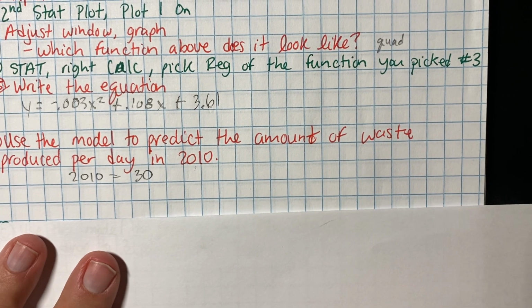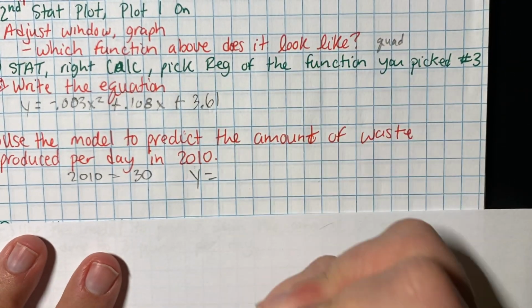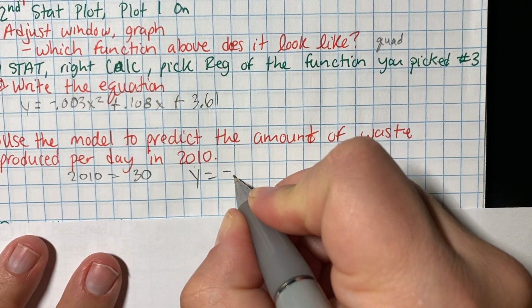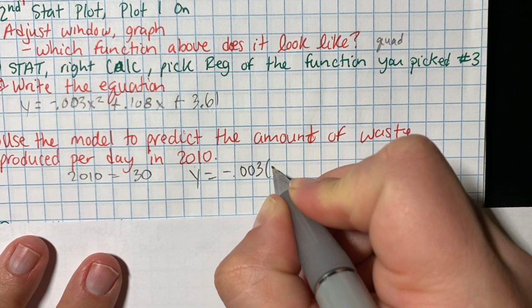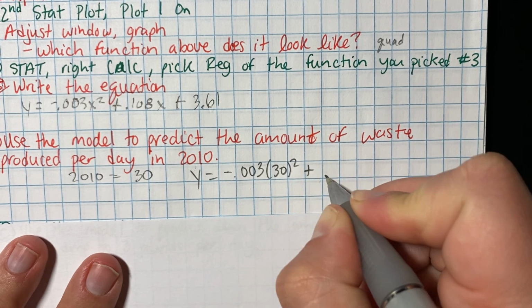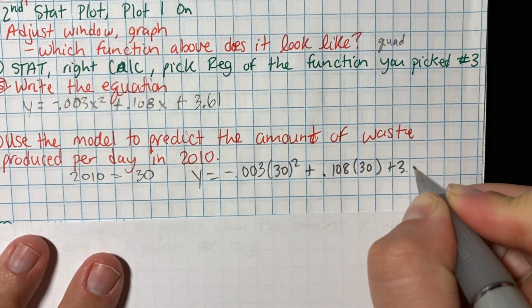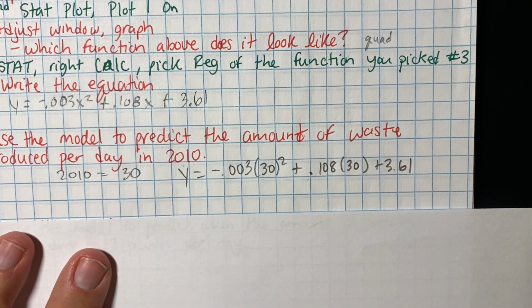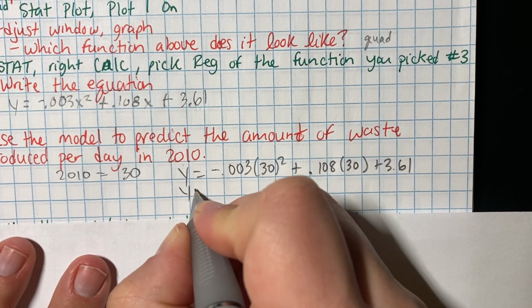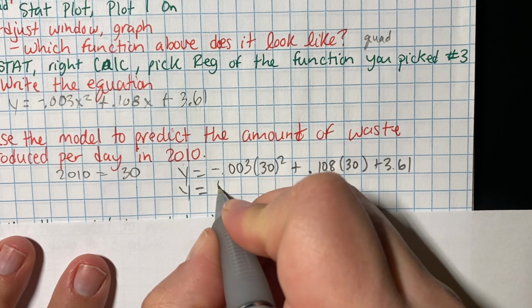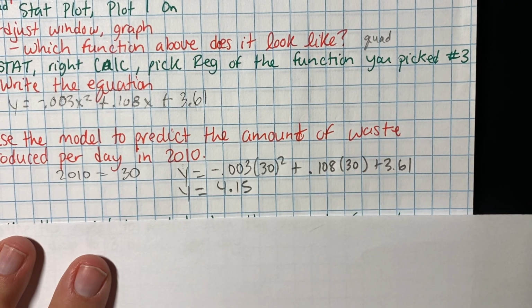So we're just going to plug that in to our equation for x. So legitimately plug that into your calculator. When you do, we're going to get that y equals 4.15.